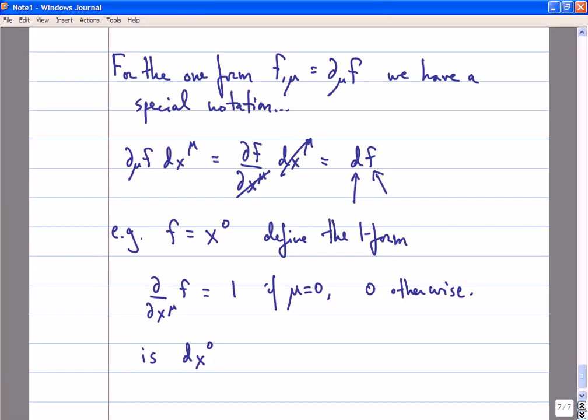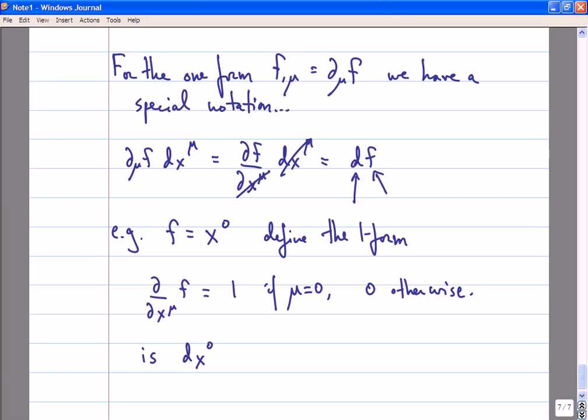Yes? dx0 is a one form, you said? dx0 is a one form. But it has an upper index. Yes, it does. Okay. So this is an important thing that I'm trying to be very careful about because I know it's easy to get confused here. dx mu is a set of 4 one forms labeled by the index mu. But I'm using an index-free notation.